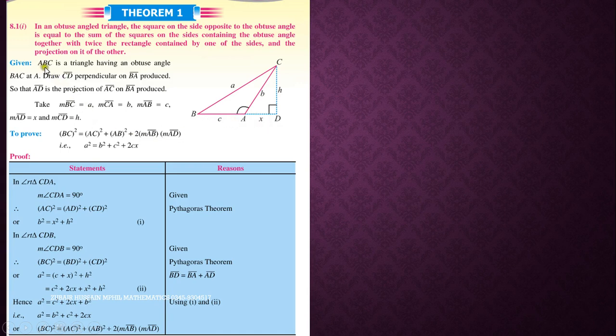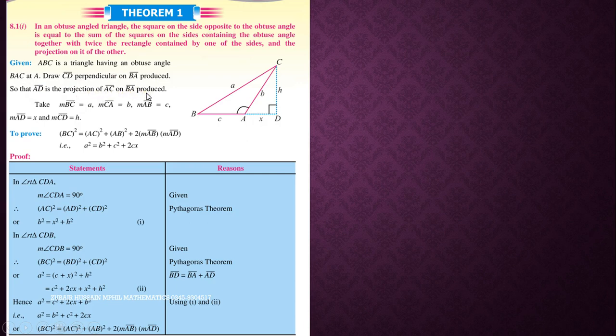So given: ABC is a triangle having obtuse angle BAC. Here is the obtuse angle. Drop CD perpendicular to AB on BA produced, so that AD is the projection of AC on BA produced.